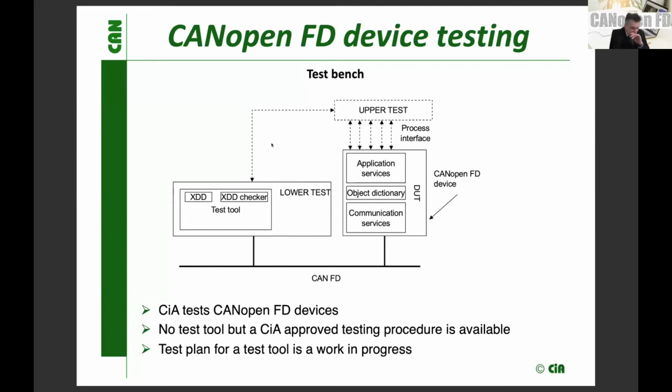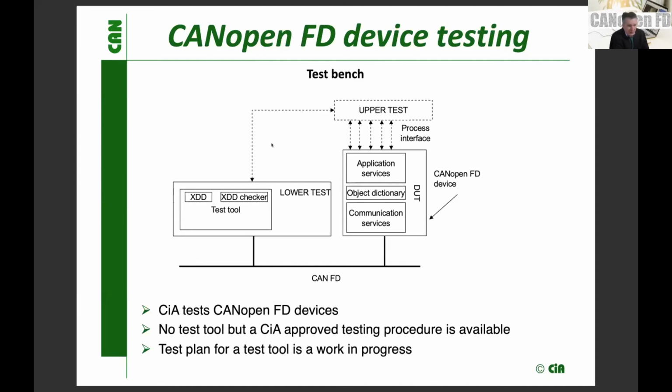It's also part of this lower testing of CANopen FD, and this way we can expect the results, the action of the device, and say the device conforms to the specification 1301.